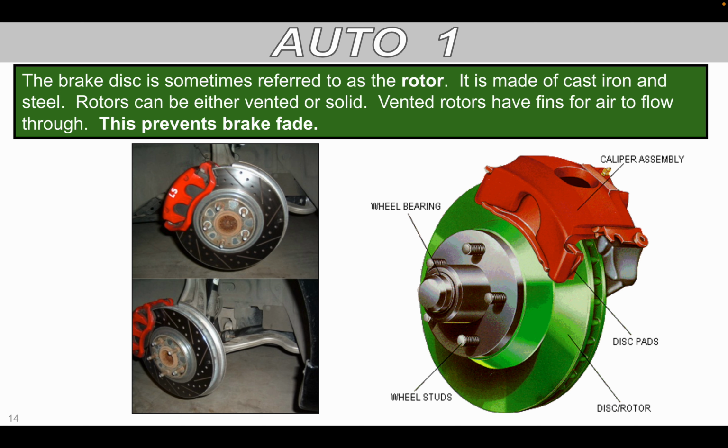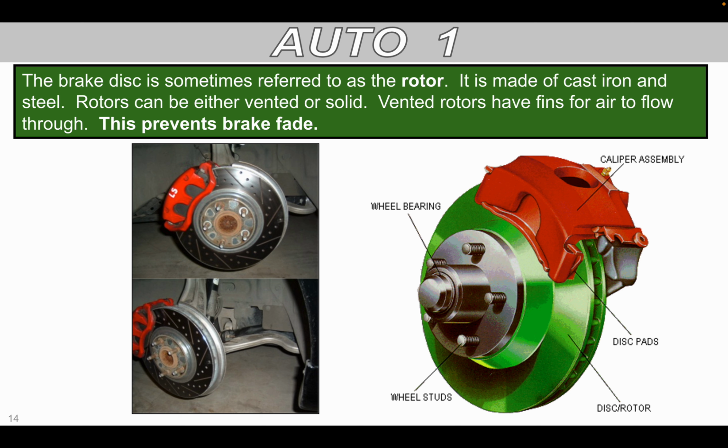So these vents allow for that cooling to happen more rapidly, which means we have a less likelihood of reaching that saturation point, which means we have a more likelihood of being able to use our brakes for longer and harder. Our rear brakes, because they're only doing 30 to 40% of our braking force, typically are not vented. Those are just a solid rotor.